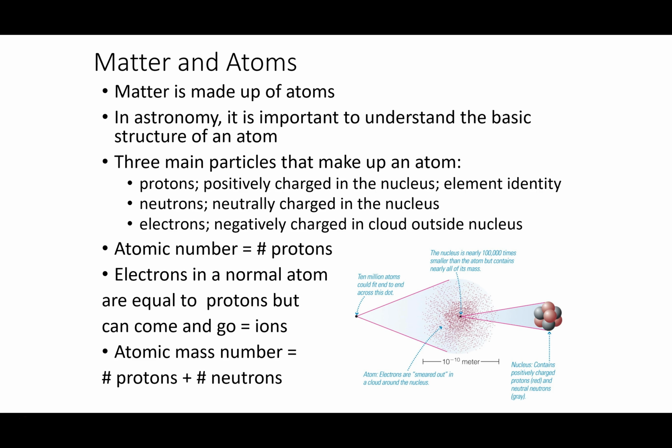So basically, something can have 16 protons, which makes it sulfur, but it can have an assortment of neutrons. Neutrons don't dictate what the element is. Yeah, they do dictate how much it weighs.